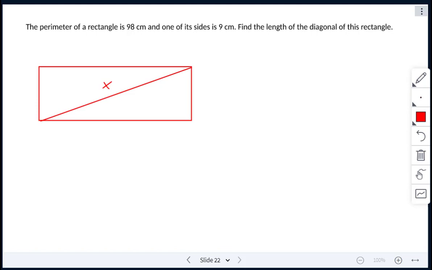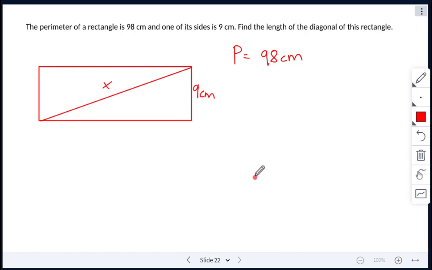Okay, so for this example, we have a rectangle, and we're told that the perimeter of the rectangle is 98 centimeters. And just note again, perimeter is just the length of the outside of this rectangle. So total length of the outside. One of its sides is 9 centimeters.